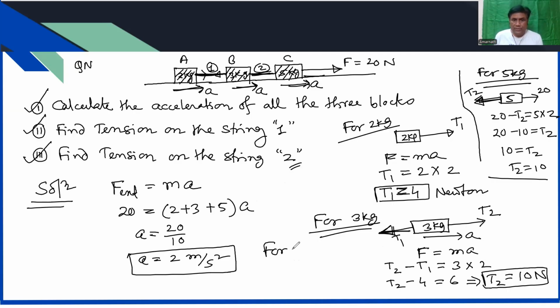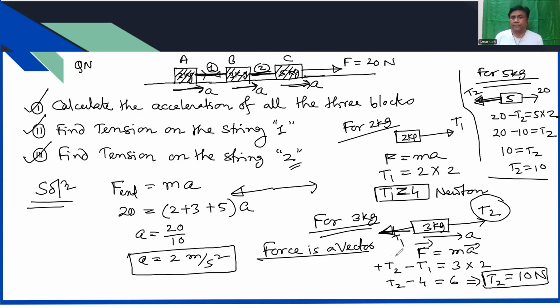You see, because force is a vector quantity. Vector means where direction is very important. Here, F equal to ma. Force is also a vector. Acceleration is also a vector. So in vectors, if rightward is positive, then leftward must be negative, always. So here I have taken T2 as positive. Nothing written means positive.